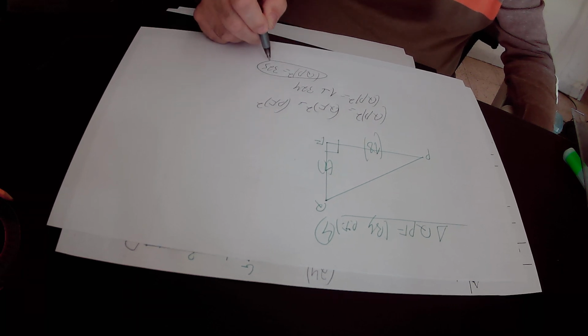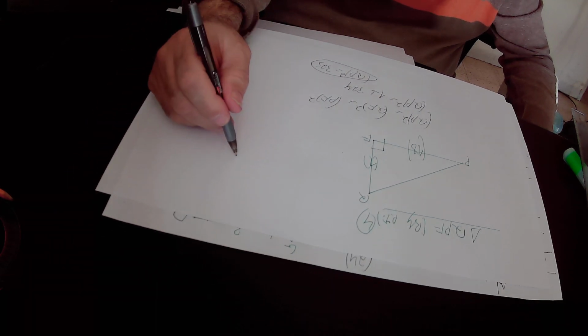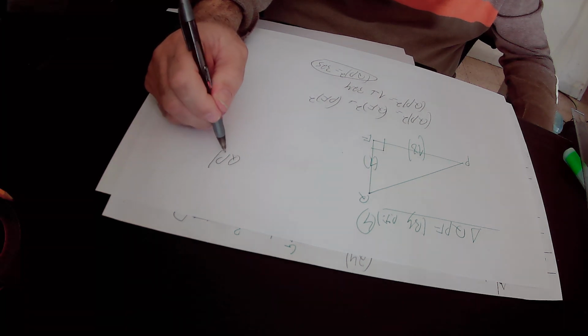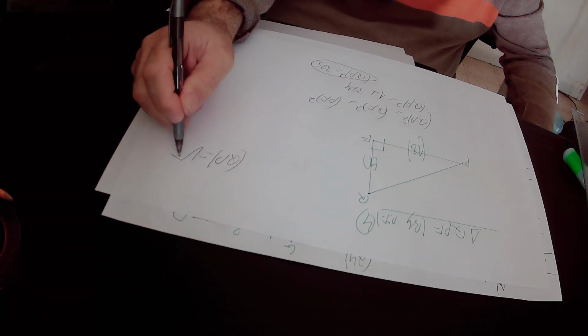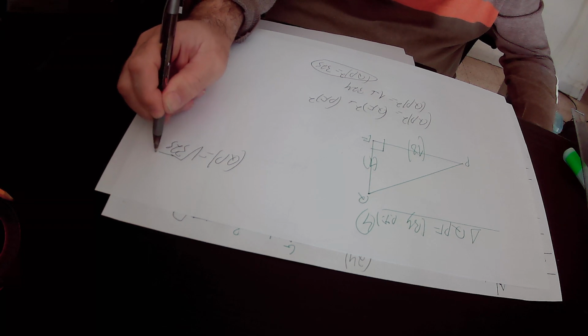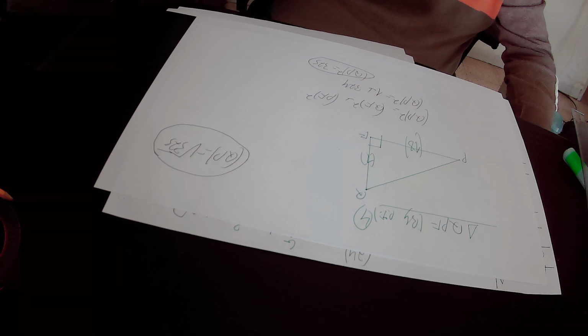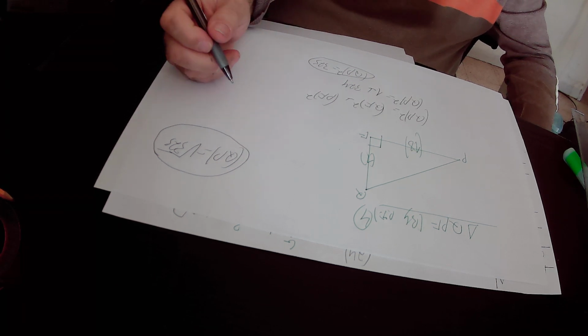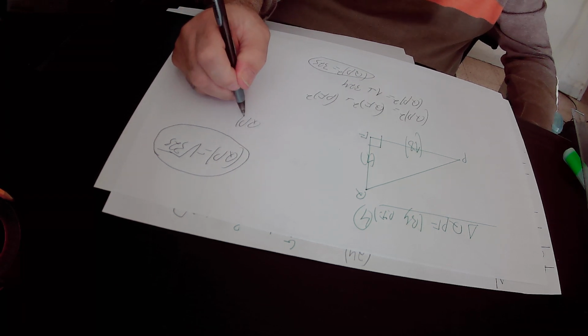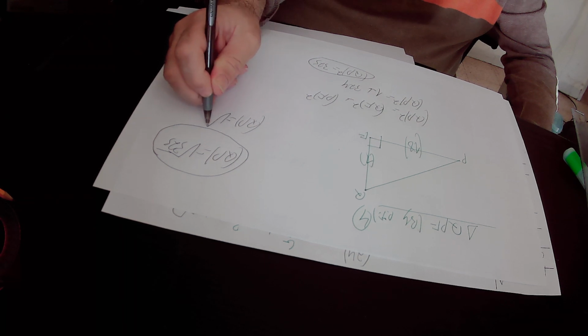We take the root of this equation and we get that QP equals the square root of 325.